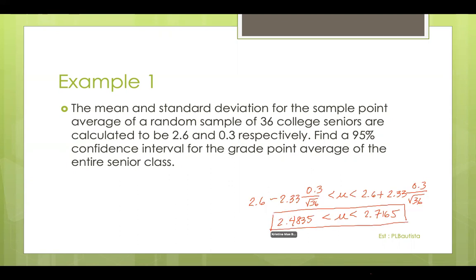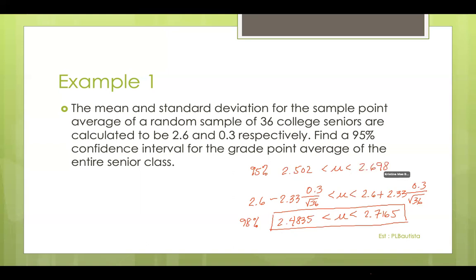Again, this is the 98% confidence interval. And for our reference, let me just put again the 95% confidence interval, which is 2.502 and 2.698.